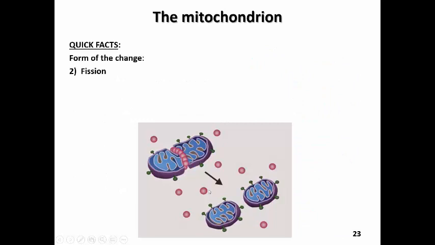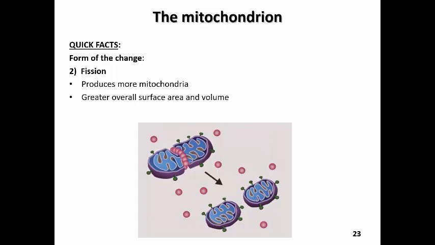The other form of the change is what we call mitochondrial fission. And mitochondrial fission occurs, as you can see in this lower picture, where we have a ring of proteins that essentially will pinch that mitochondrion and produce two smaller mitochondria, with the idea here that more mitochondria also contributes to an increased capacity to produce ATP aerobically.